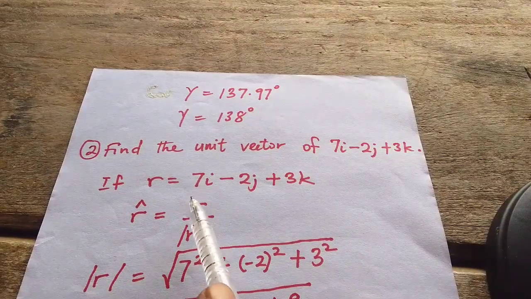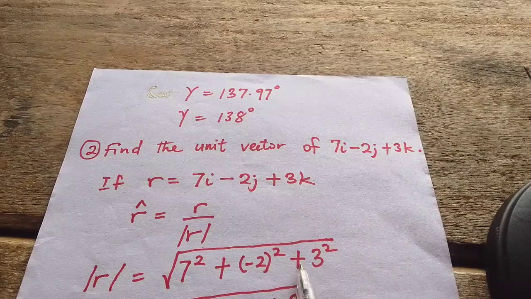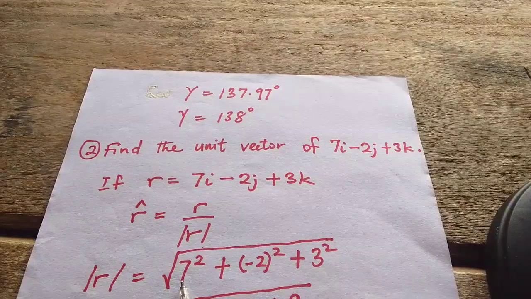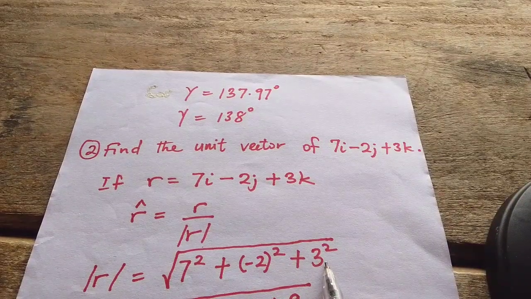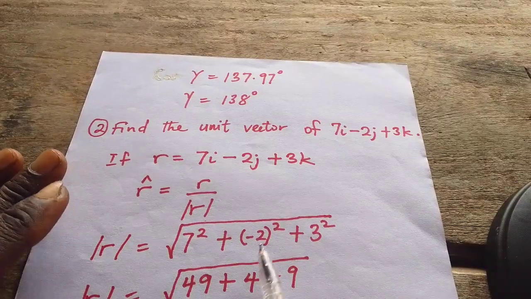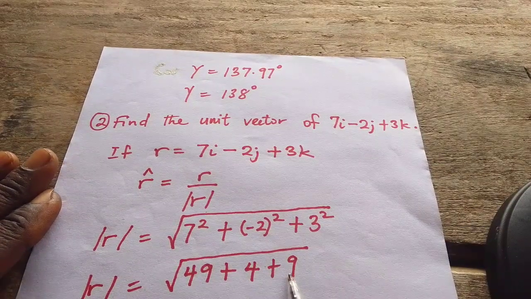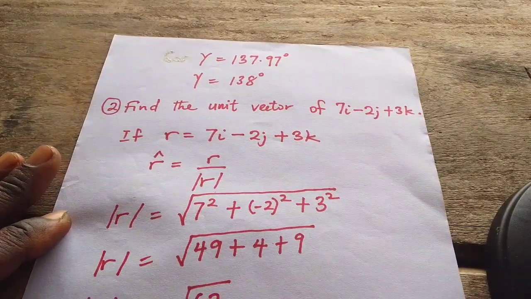It is the square root of the x component squared plus y component squared plus z component squared. So 7 squared plus minus 2 squared plus 3 squared. 7 squared gives us 49, minus 2 squared gives us plus 4, 3 squared is plus 9. 49 plus 4 plus 9 gives us 62.